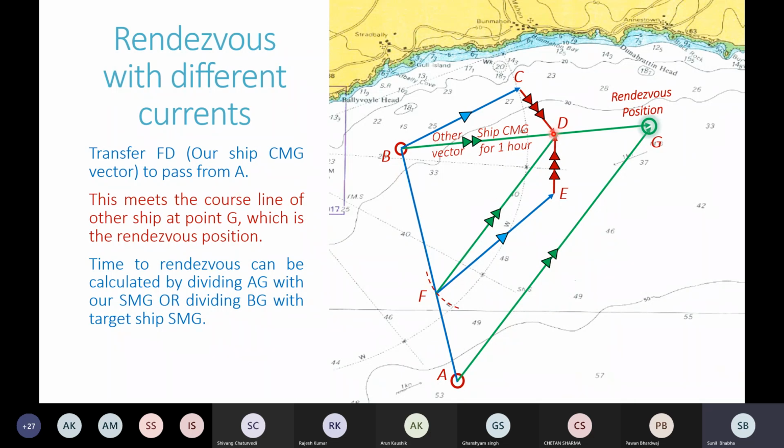So FD, which is a vector having a duration of 1 hour, represents our speed made good in 1 hour. So if you divide Alpha Golf distance by FD, which is our speed made good, we can easily obtain the time it will take for our ship to reach the rendezvous position.